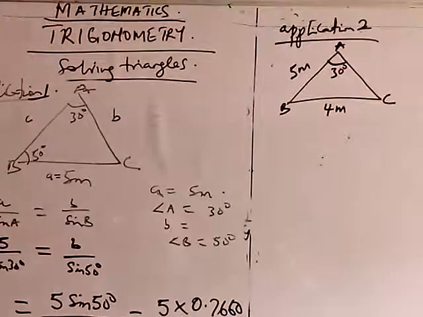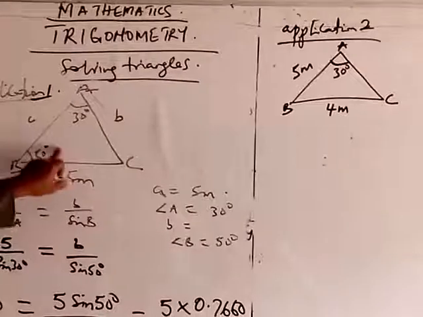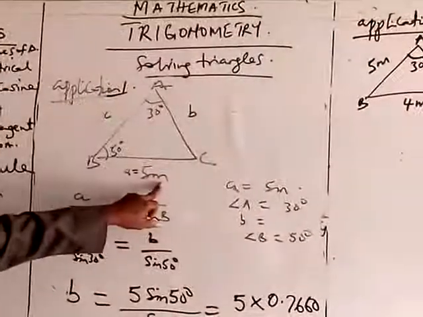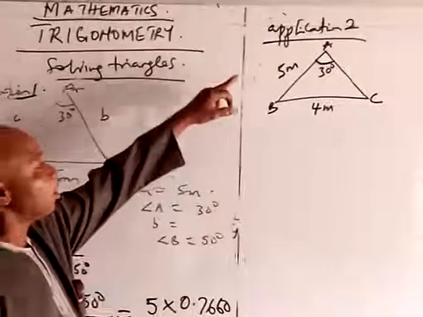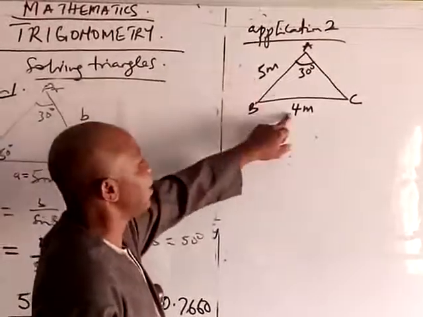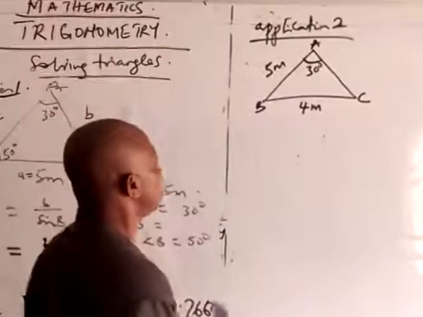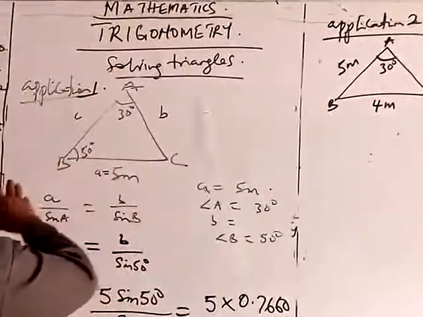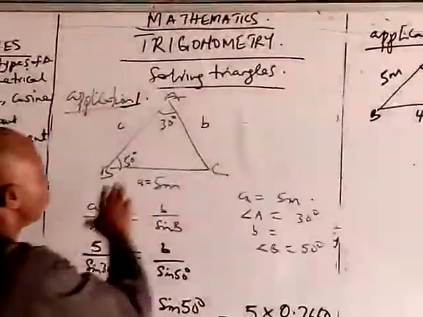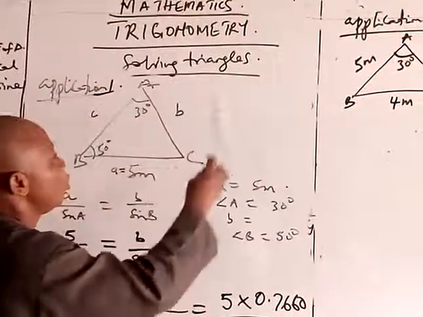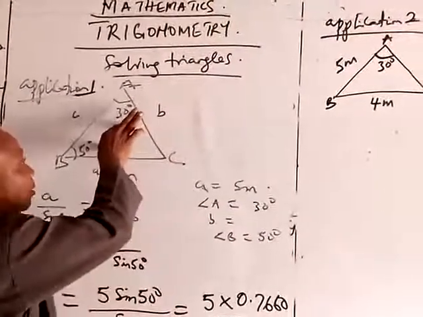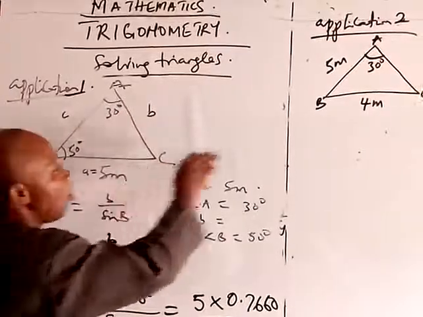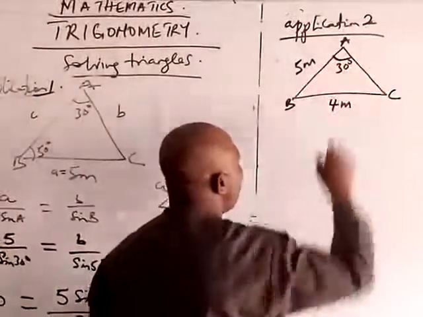In application 1, you are given 2 angles and 1 side. But in this application 2, you are given 2 sides and 1 angle. So you state whatever you are given. I said before you can use sine rule to solve a triangle if you have 2 angles and 1 side, or 2 sides and 1 angle.